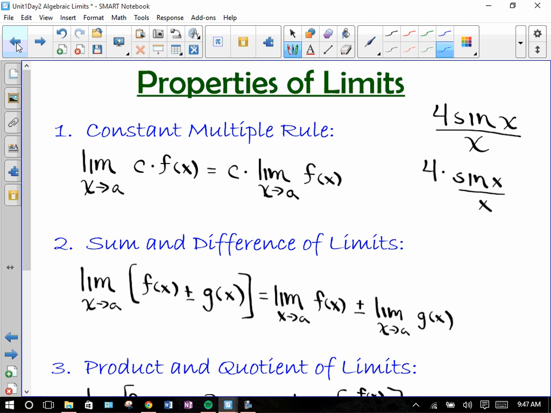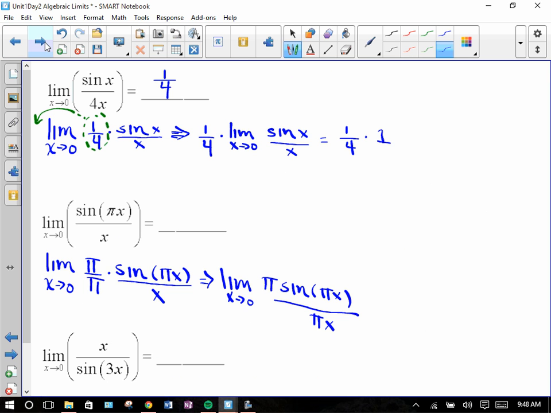If I have the limit as x approaches a of a constant times a function, I can pull the constant out, and then go from there. So this pi is a constant, and I'm pulling it out.